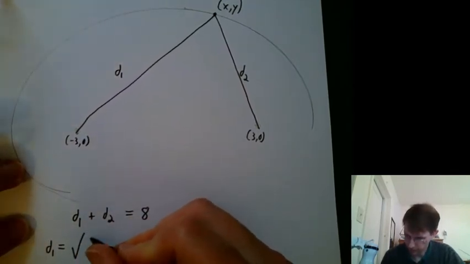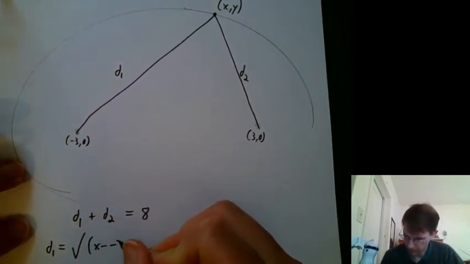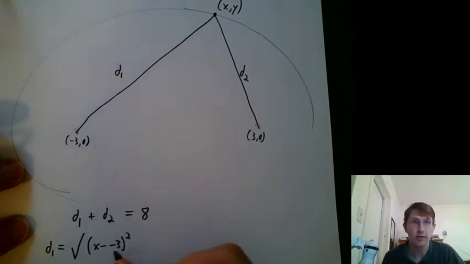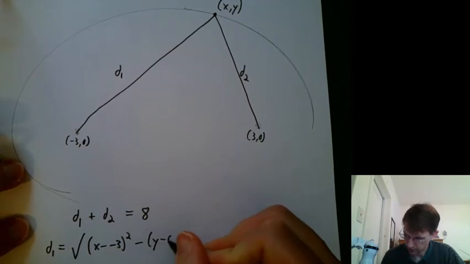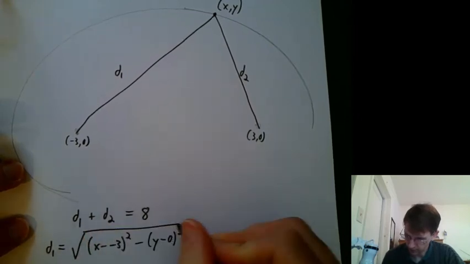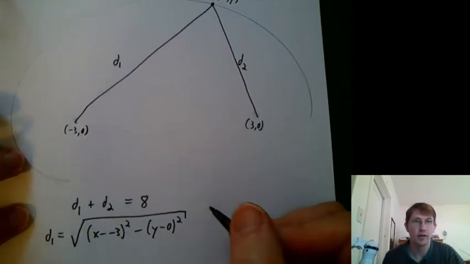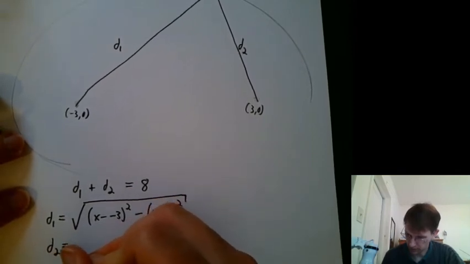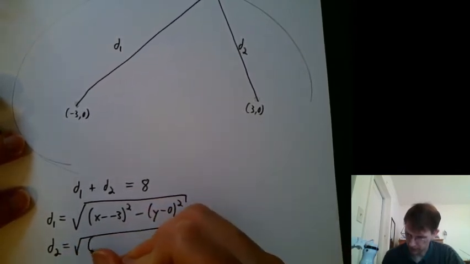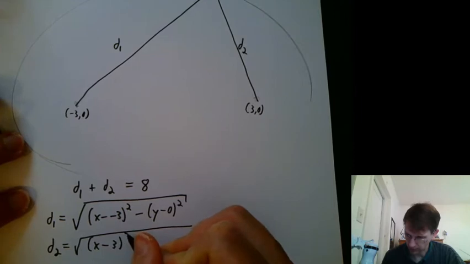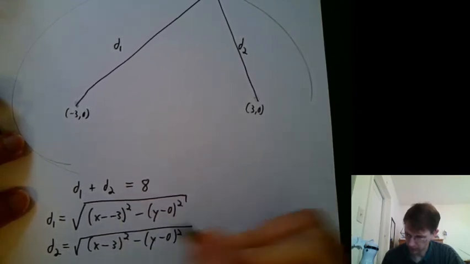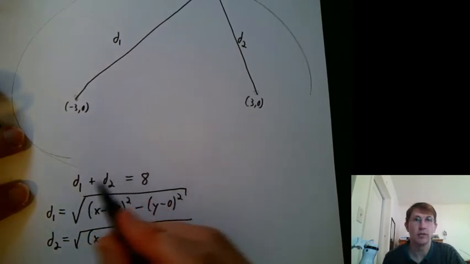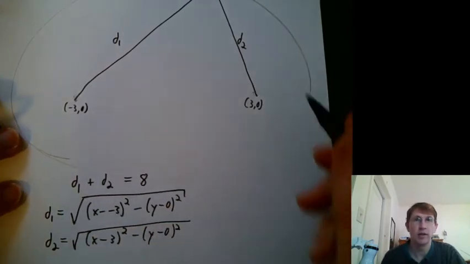So big old square root, x minus -3 squared, that's the difference of the x values of my two points, plus y minus 0 squared, that square root. And then D2 is the same basic idea, but with just 3 instead of -3. And then we want all points where this is true, and we did it physically.